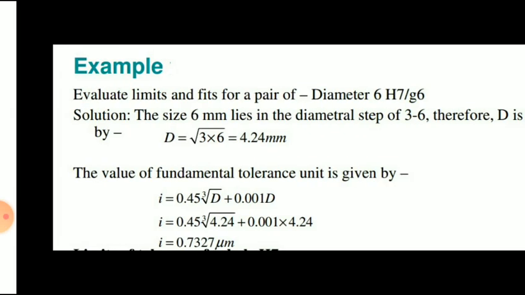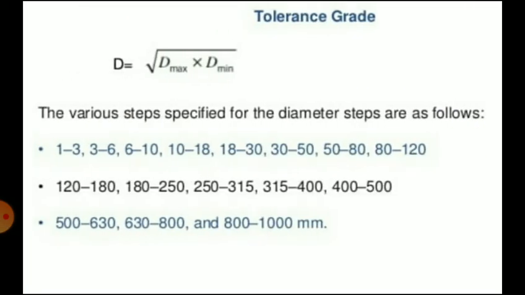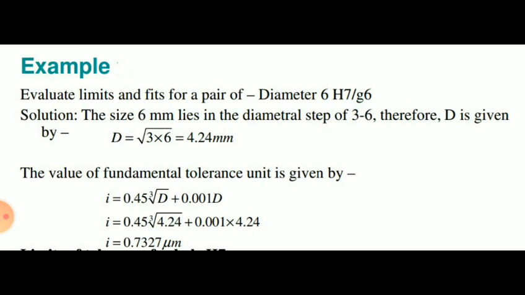So that basic size 6 mm lies between 3 to 6, not 6 to 10. So calculate the capital D, that is under root 3 into 6. So you will get 4.24 mm. That will be the geometric mean diameter.